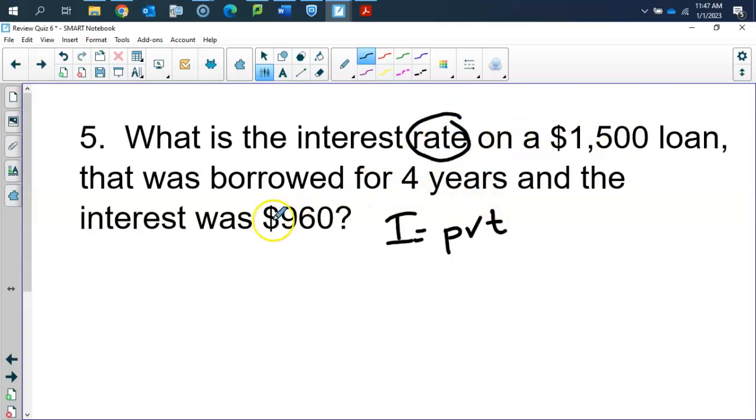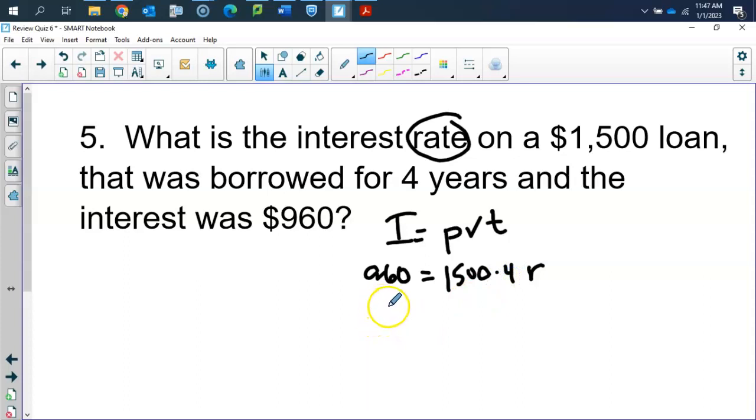So we need to substitute everything else into the appropriate spot. The interest is $960. So that goes in the I spot. $960 equals the principal is $1,500. We're looking for the rate, so we're going to keep our R as an R, and the time is 4 years, so 1,500 times 4.